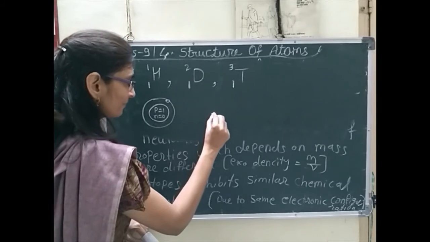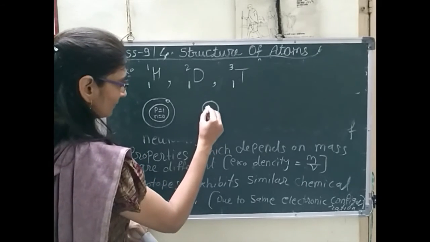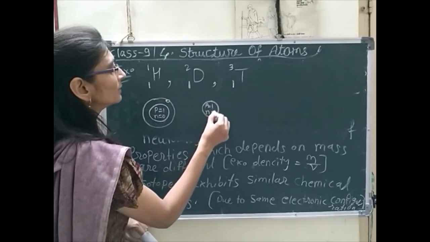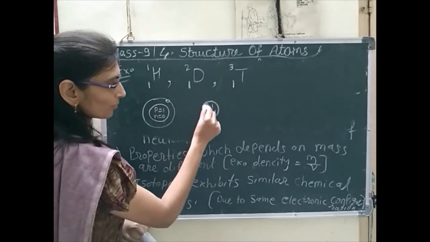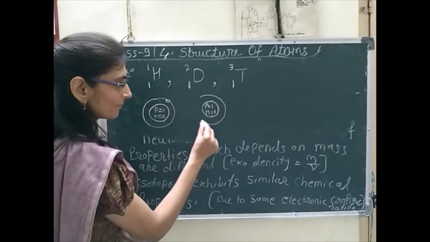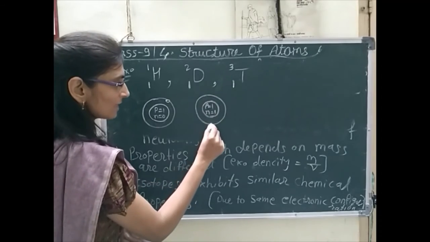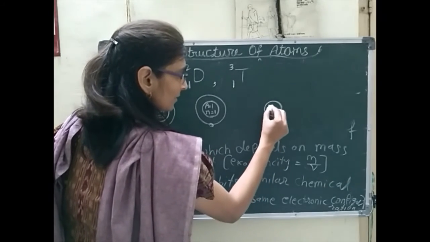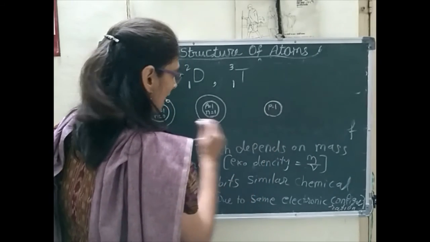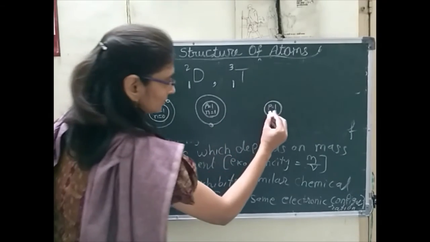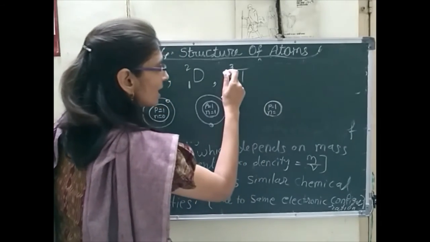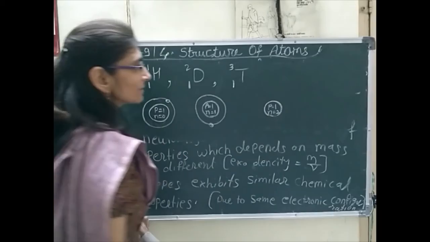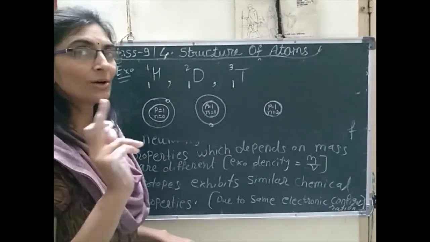In case of deuterium, proton is 1 but neutron is also 1, as the mass number is 2. Again the number of electrons is 1 here. In case of tritium, in the nucleus, proton is 1 and neutrons are 2, because A is equal to 3 and P is equal to 1.